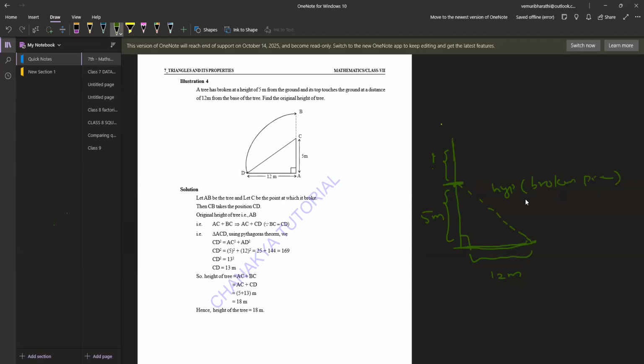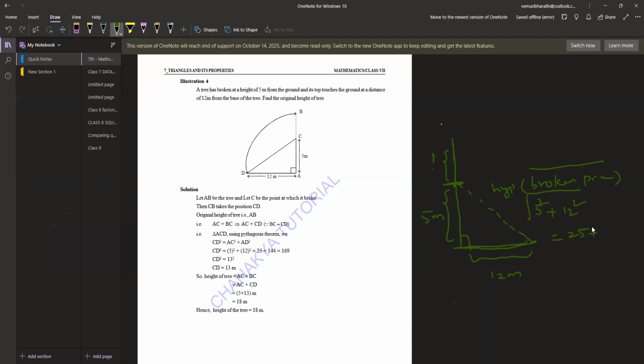Now to calculate, we know hypotenuse square is equal to leg 1 square plus leg 2 square. What is the value of 5 square here? To calculate the length of the broken piece, we can calculate using 5 square plus 12 square. 5 square is 25.